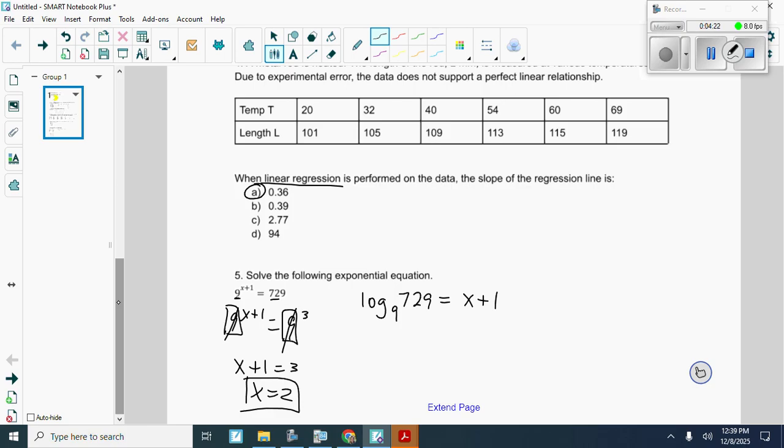Then you just evaluate it, and it would have been 3, minus 1, minus 1. So either way would have been fine. Common bases, or you could have done the log, where we brought it over there.